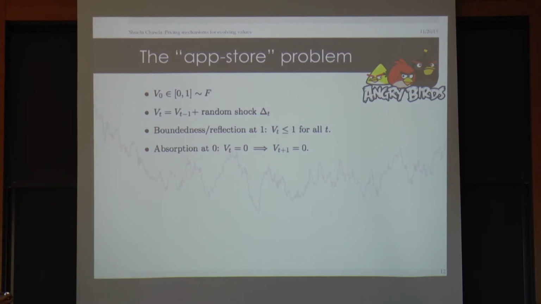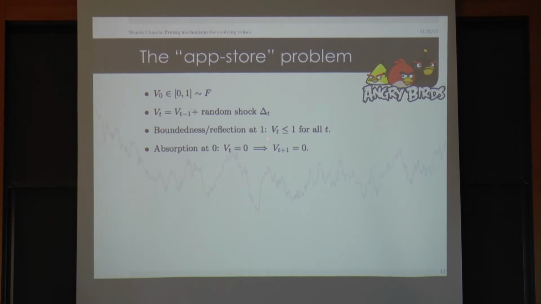So imagine that what the seller is doing is selling an app on the App Store, and the buyer has some value for this app, and the way that this value changes over time is that you buy this app, you play with it, and then the next day, depending on your experience, your value changes by a little bit. Think of it as a random shock that's added to the value.